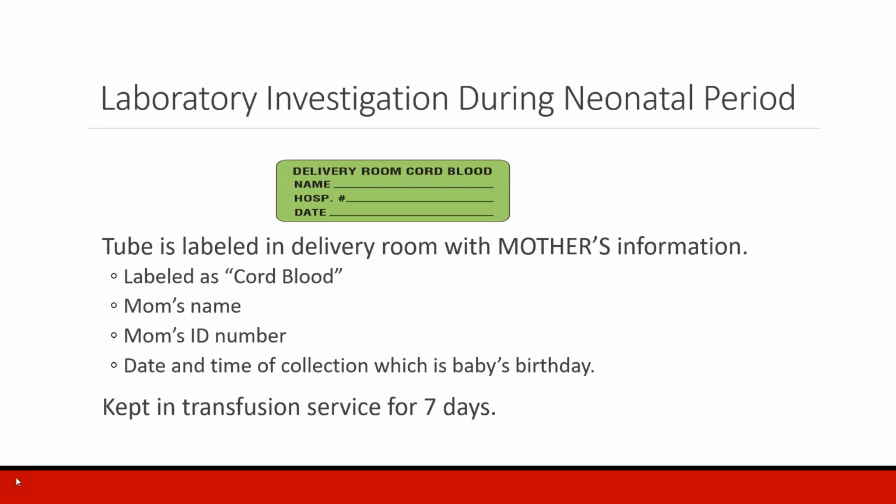So the date and time of collection is also put on there, which is the baby's birthday. And if a test is not ordered on the cord blood, then it's kept in the transfusion service for 7 days. And again, I cannot stress enough, you're going to get a sample labeled with mother's information, but in that tube is baby's blood.